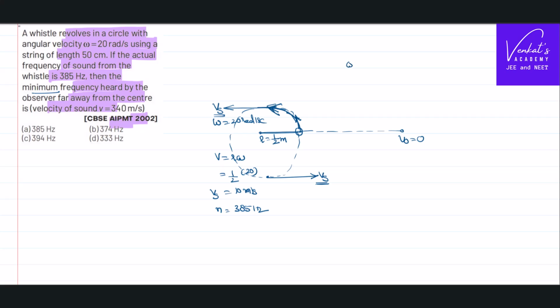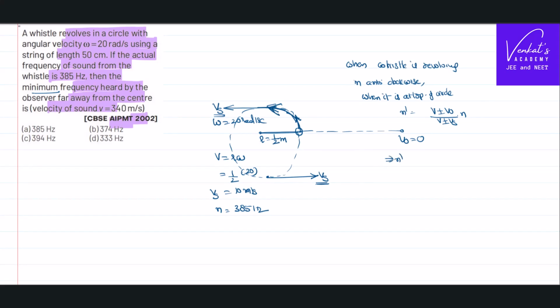So when the vessel is revolving in anti-clockwise, when it is at the top of the circle, I can write n dash, the general formula, is (V plus or minus VO) by (V plus or minus Vs) into n.